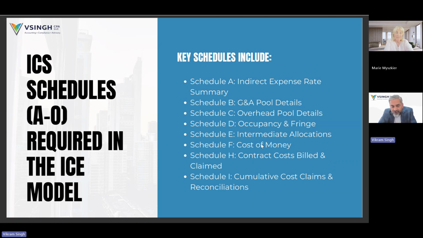Within incurred cost submission, Mary, there's schedules. There are probably like 12 or 13 total tabs that the contractor has to complete. And I won't spend a lot of time going through each, but the most important ones in here are Schedule I and Schedule H. Schedule I is basically from the day the contract was awarded, the funding, the ceiling value, the type of contract, and the cost it incurred every year from the day the contract was awarded.